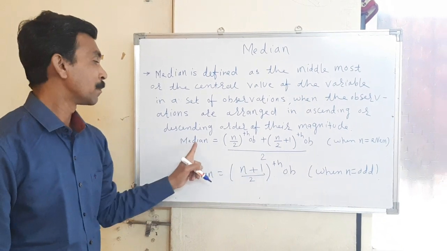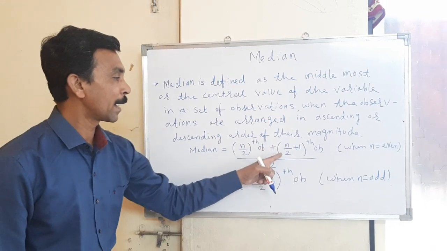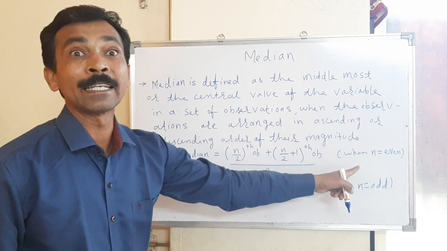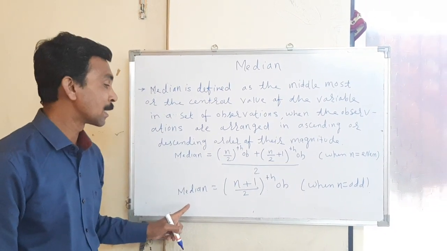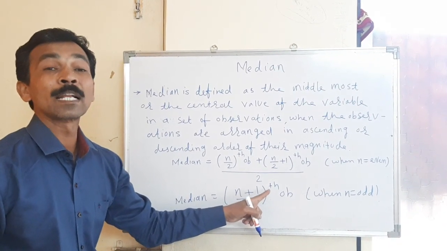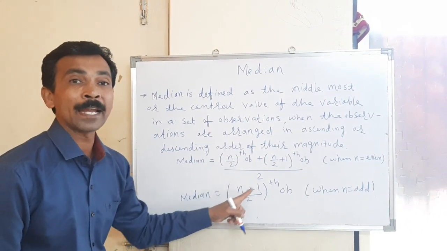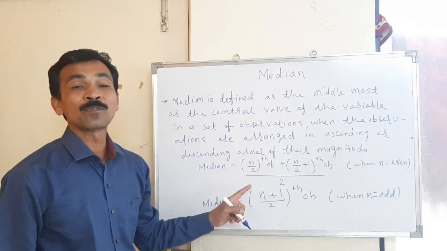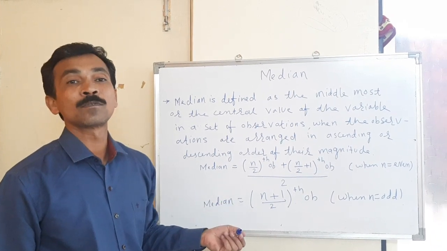And when the number of observations is odd, median is equal to the n plus 1 by 2th observation. Now we'll see how to find median using a different formula.